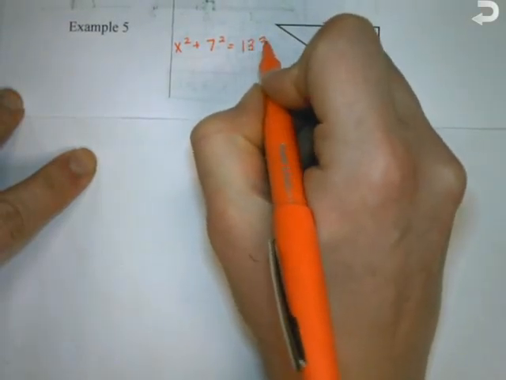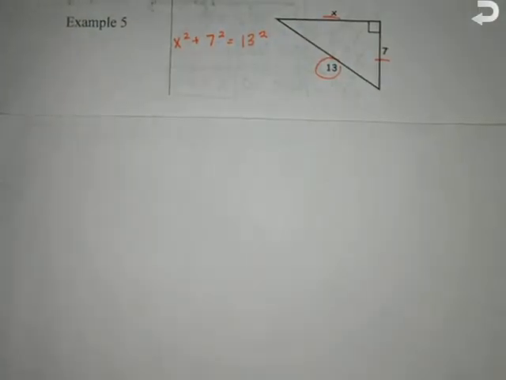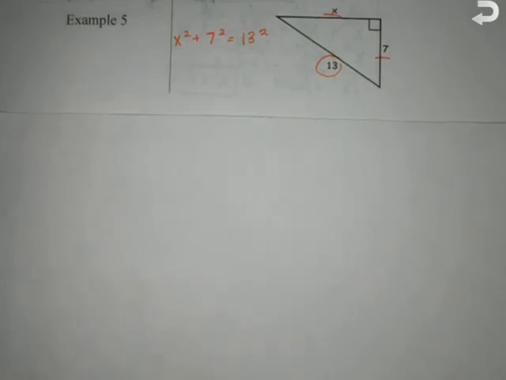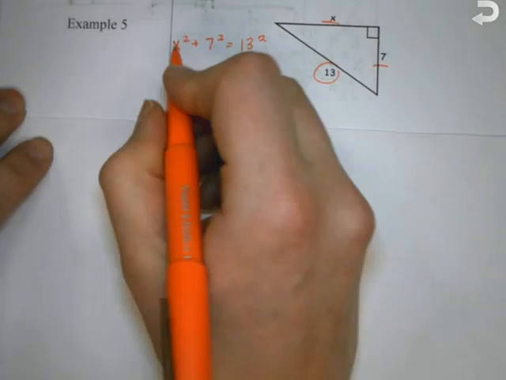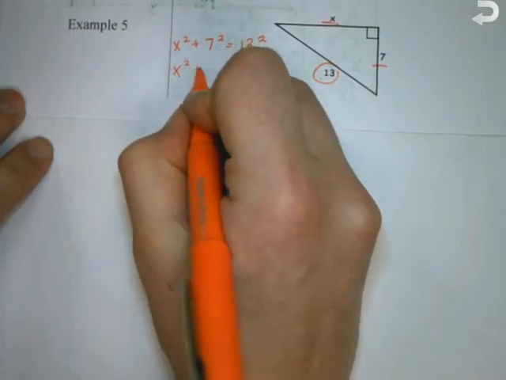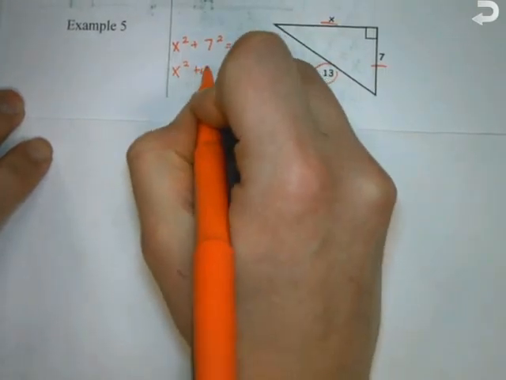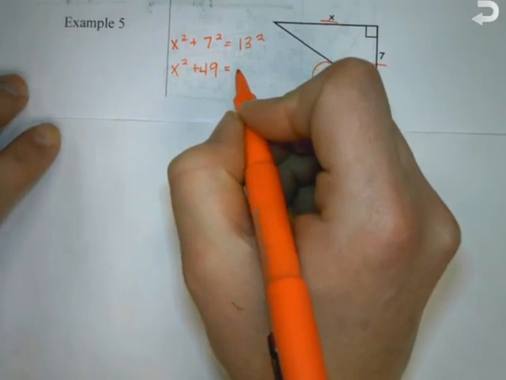Next step, Tristan, next step. I do the squares, right? So x squared plus 49 equals, did anybody memorize 13 squared yet? 169, good. Okay, next step.